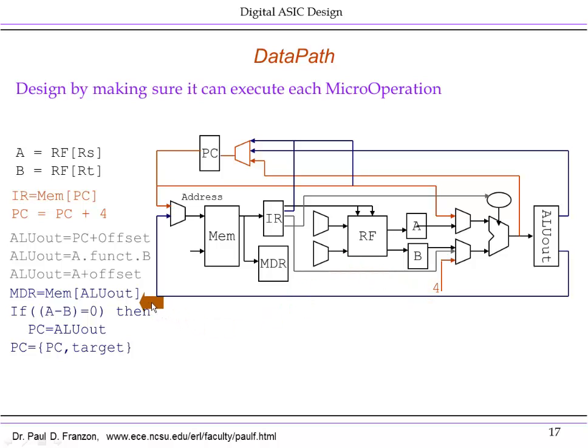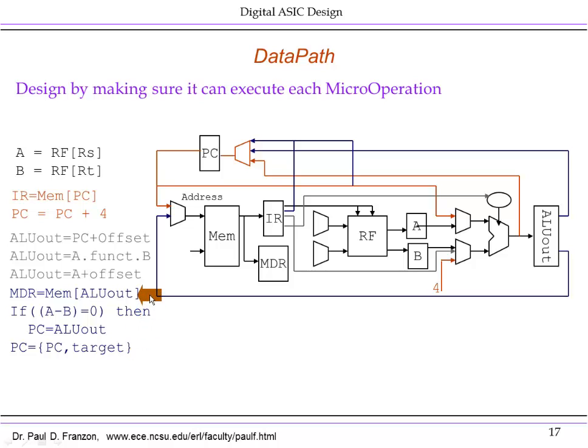Then we have the micro operations: MDR is equal to mem ALU out. If A equals B, then PC changes, and for a jump, PC changes. So we need to send ALU out to the PC in order to perform this micro operation. We need to take a modified version of the PC and feed that back to itself to perform this micro operation for the jump.